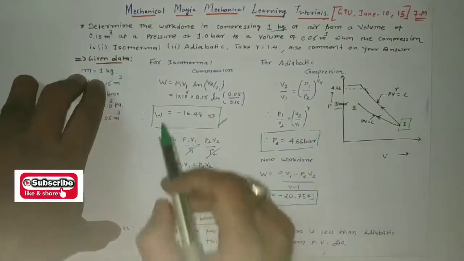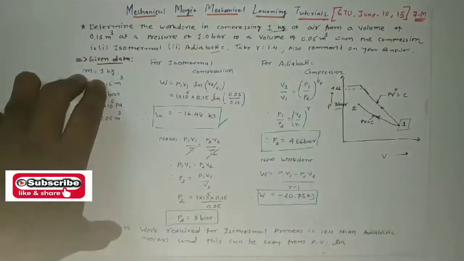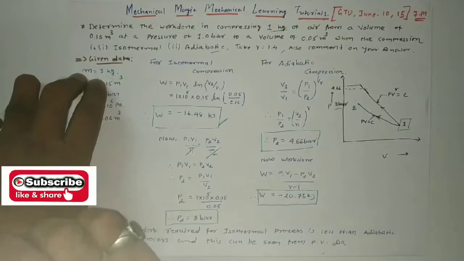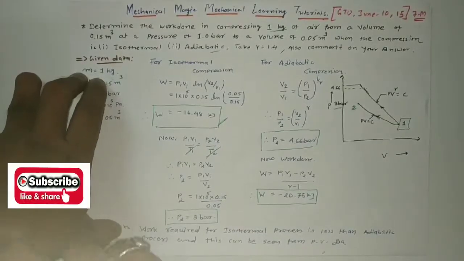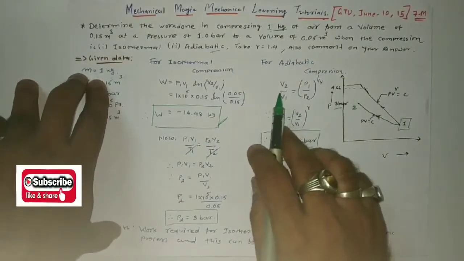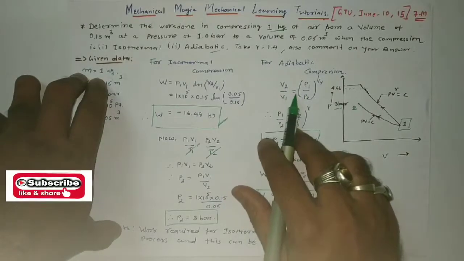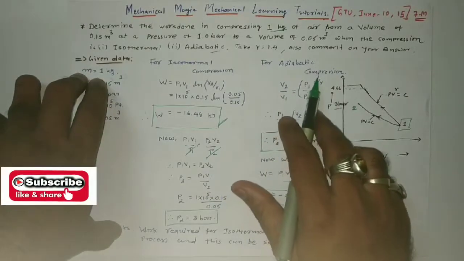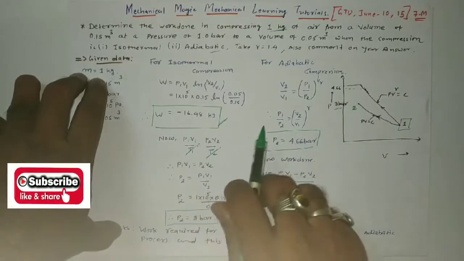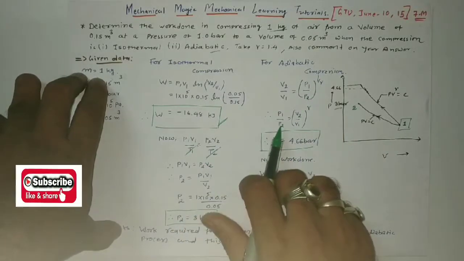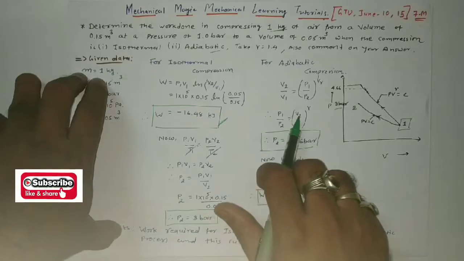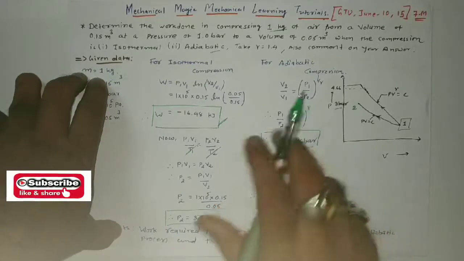Now for the second condition, or you can say if the same system is under adiabatic compression, so what happens? So from the relation of the volume and the pressure, V2 upon V1 will be equal to P1 upon P2 raised to 1 upon gamma. So finally P1 upon P2 will be equal to V2 upon V1 raised to gamma.